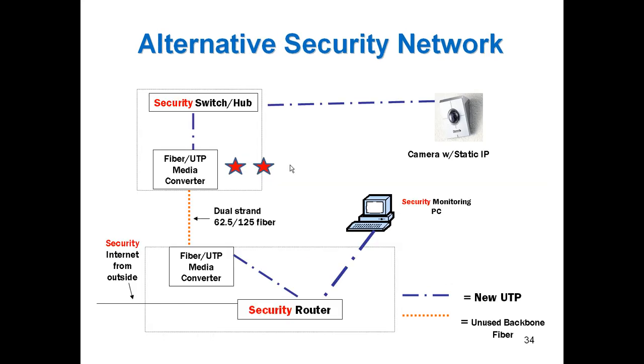What we can do is install the parallel network or the alternative network. In this case, we go to that IT person and we say, look, we'll put in our own switches. You, by the way, can buy a 16-port network switch that's got 8 PoE ports that can remotely power cameras and Wi-Fi access points and things like that.